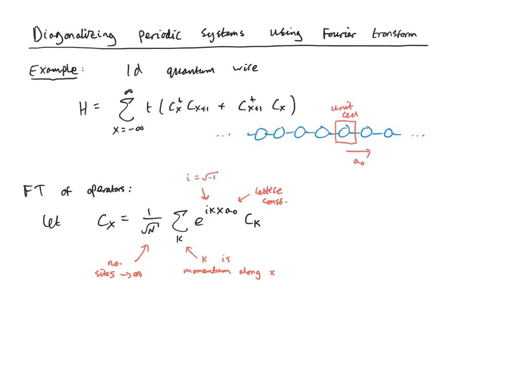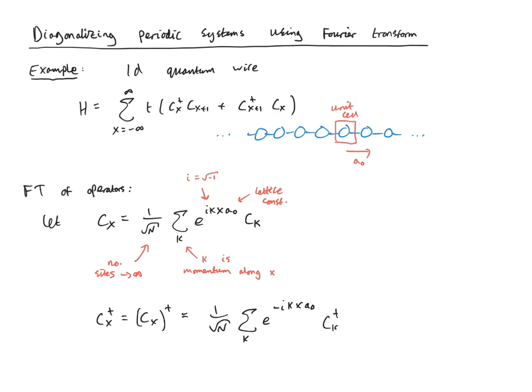And also, if I want to think about the cx daggers, they are obtained from the cx's by taking the dagger. And so obviously I have an equation for those as well, which is almost exactly the same, except minus i kx a0, ck dagger.